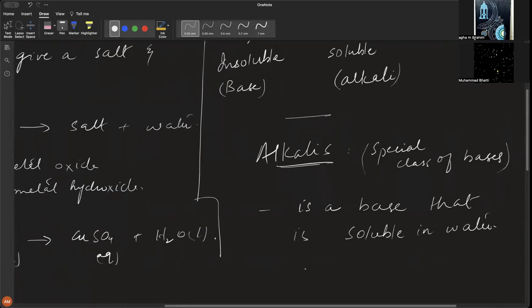An example could be sodium oxide. Sodium oxide is a base because it is an oxide, Na2O, a solid. When it is dissolved in water, H2O, it is going to give you sodium hydroxide, aqueous, which is a base.